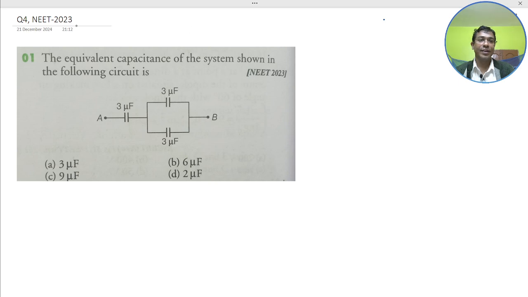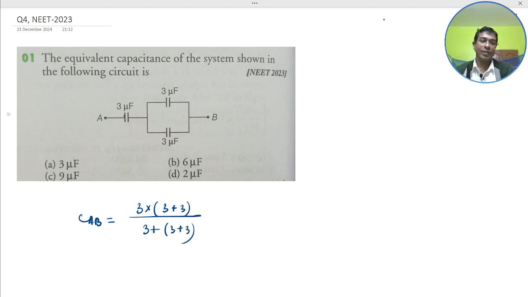Now the fourth one is NEET 2023, saying find the equivalent capacitance of the system. So basically you have to know that for parallel plate capacitors, parallel capacitance Cp is just the sum of C1 and C2. So here the equivalent capacitance between A and B is, basically, 3 into 3 over 3 plus 3, plus 3.